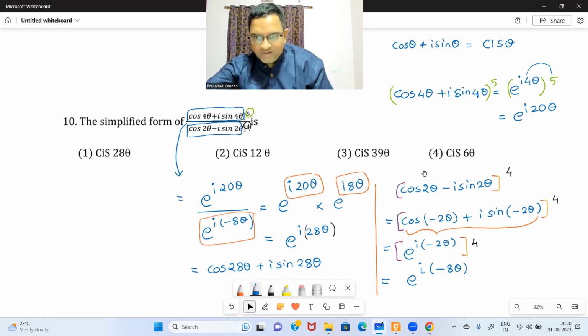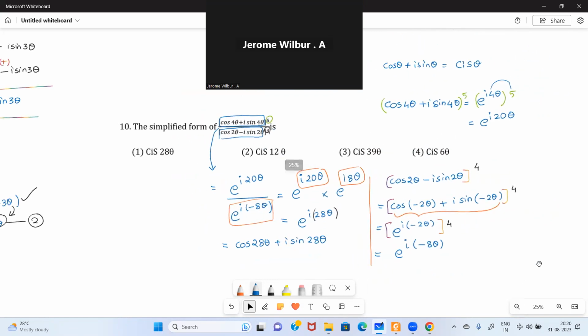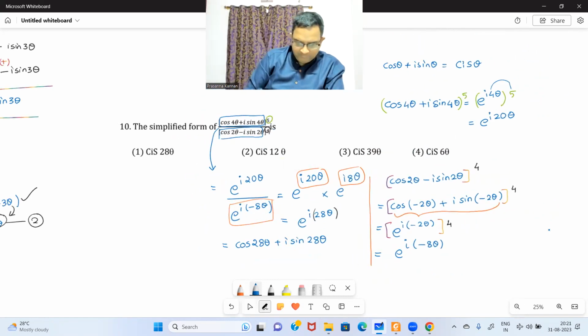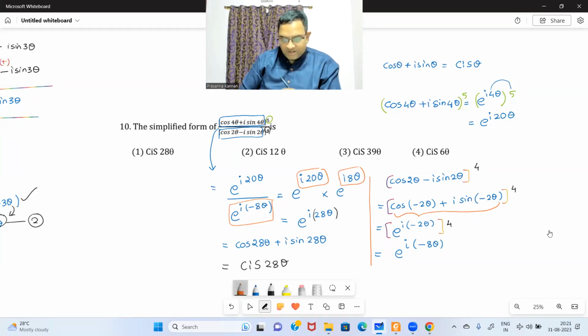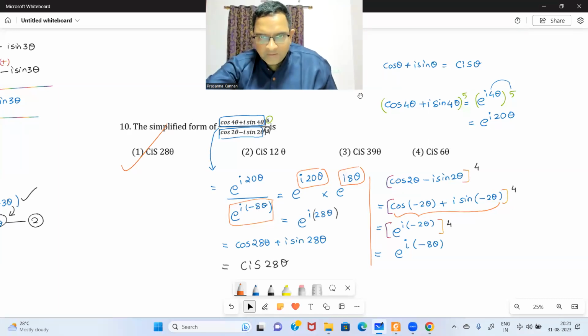So how can I write cos 28 theta plus I sine 28 theta? That's how: cis 28 theta. So which option is correct? First option. That's all. Clear, simple. Take it down.